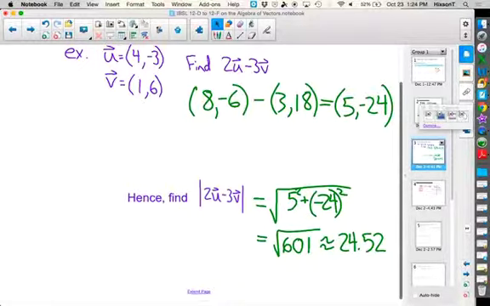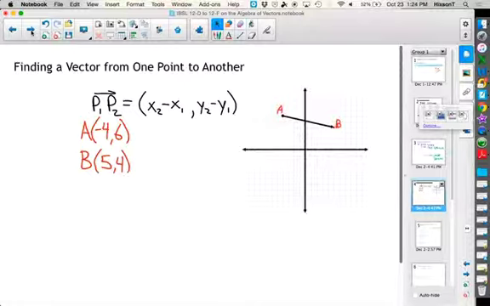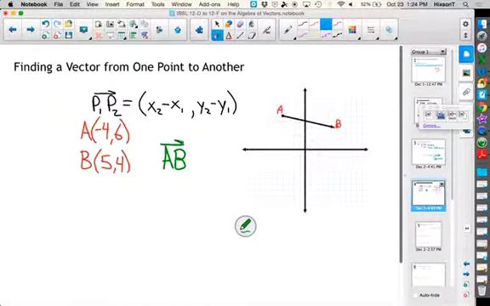Okay, the last little thing was finding a vector from one point to another. If I want the vector from A to B, you can see here what the formula is.